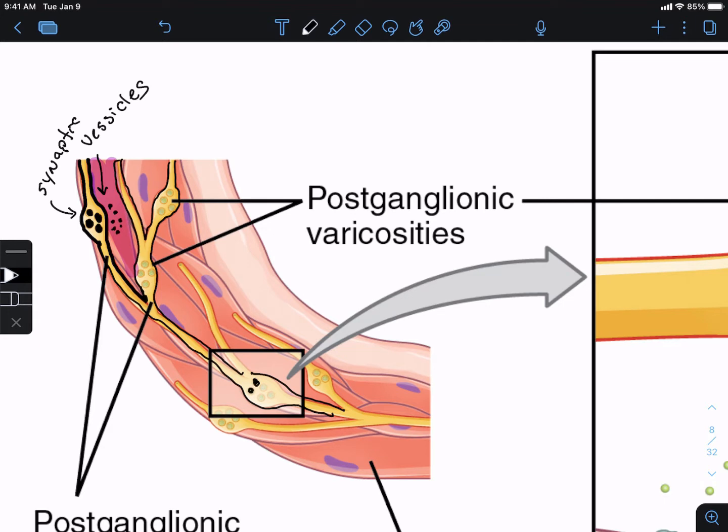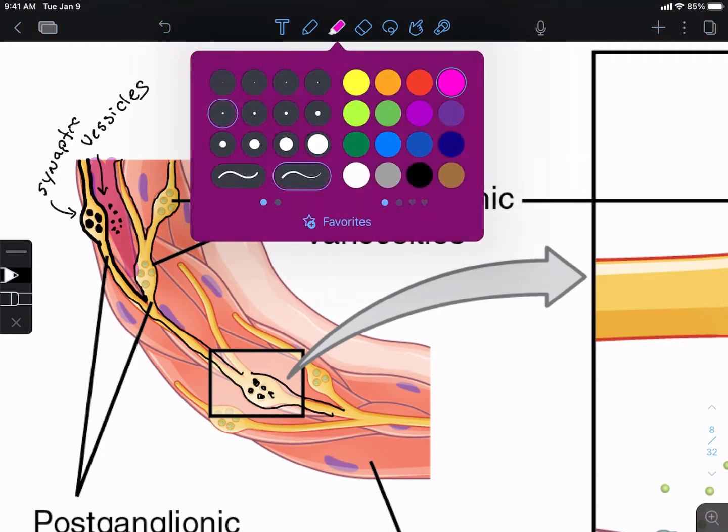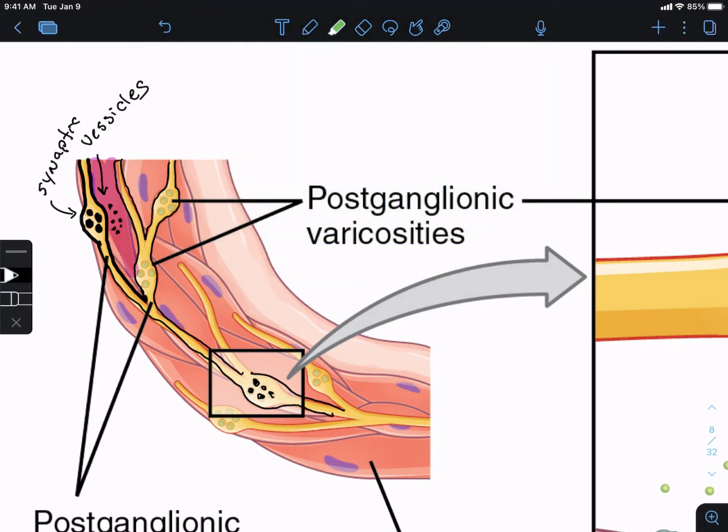Here's more neurotransmitter here. And again, when the action potential hits that segment, let's do a different color. As it travels from here to here, we get neurotransmitter released right there. Down to here, we get neurotransmitter released down there. It keeps traveling until it finds another varicosity.